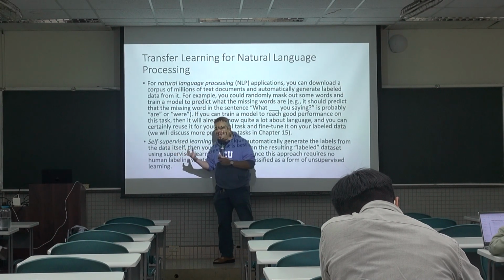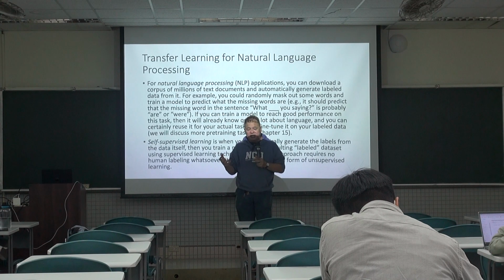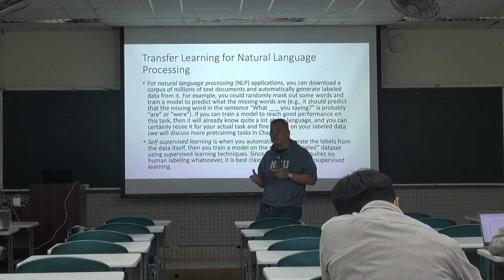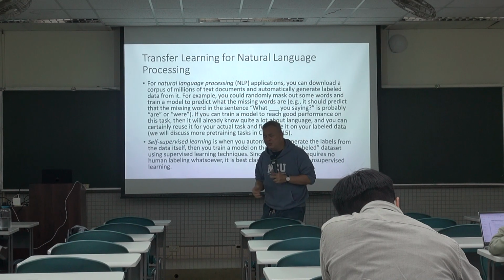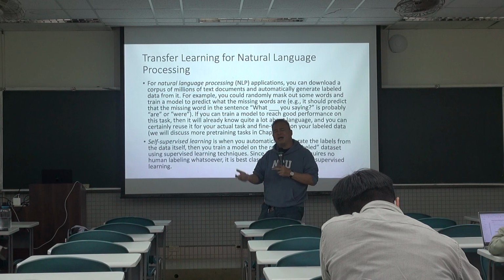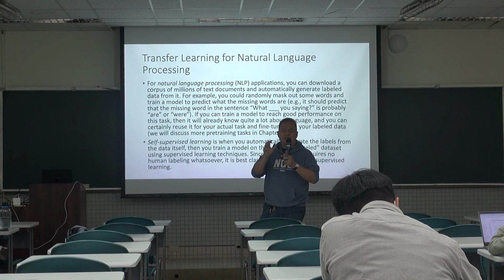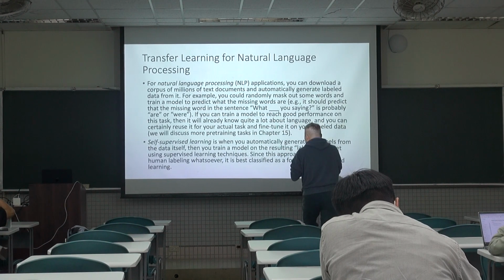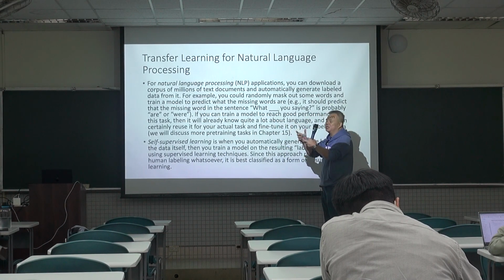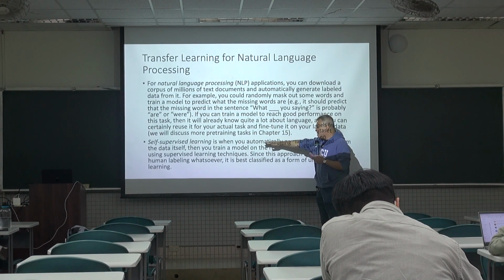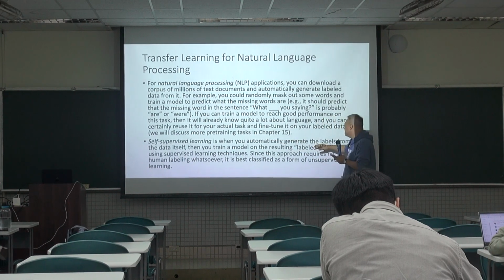Self-supervised learning, because we create the label data by ourselves. This ground truth is not done by manual labeling. It is done by a program that randomly removes words from the sentences, so the label data are automatically generated.